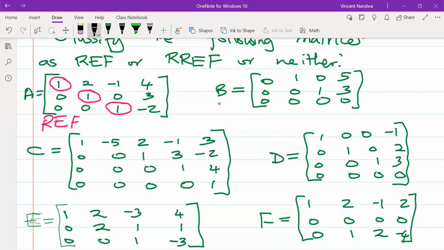When we go to the leading one in the first row, does it have a problem? Is there a problem with that leading one in terms of the definition of reduced echelon form?